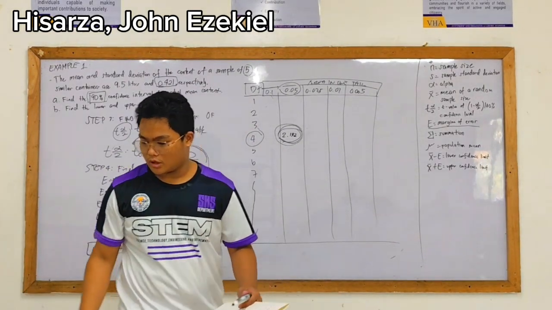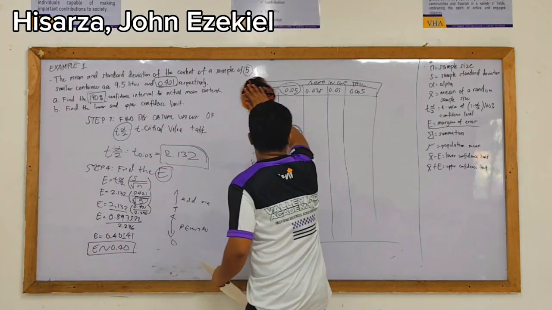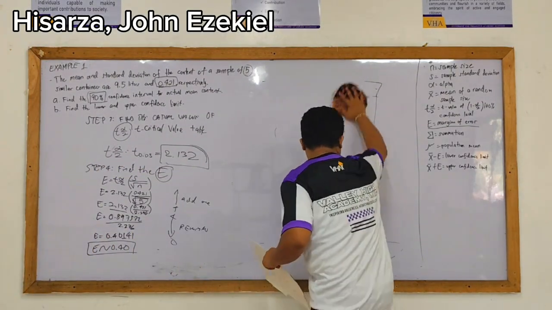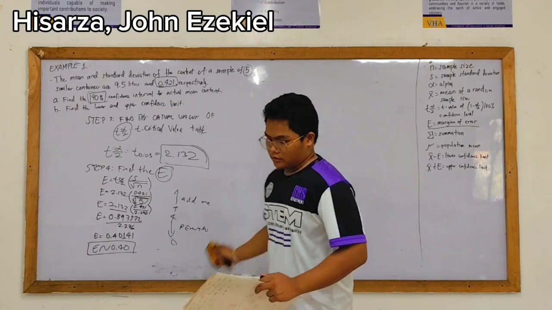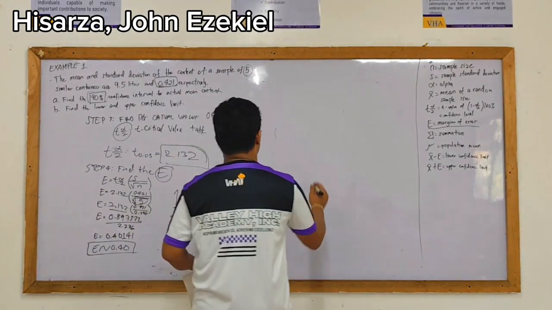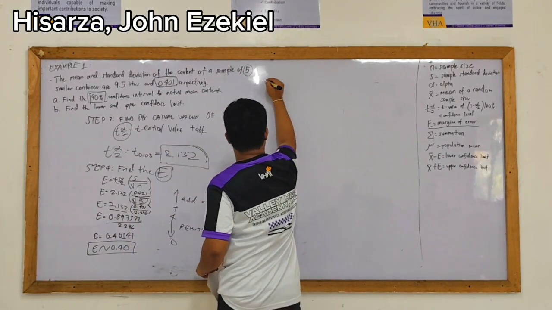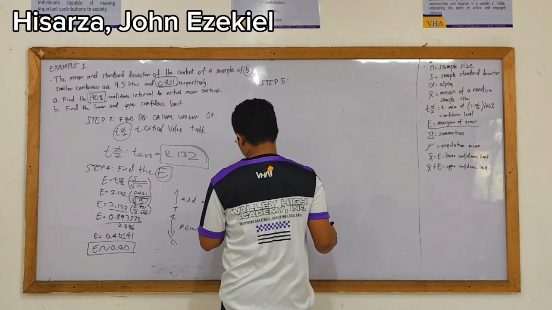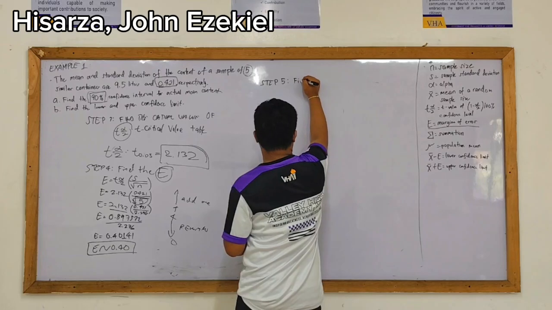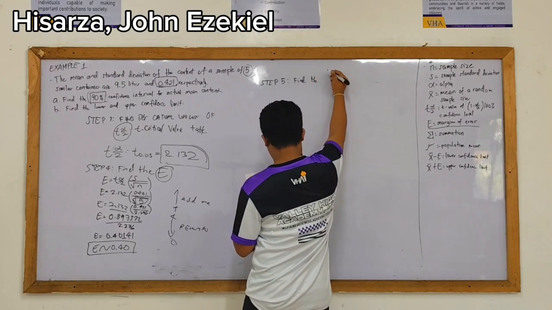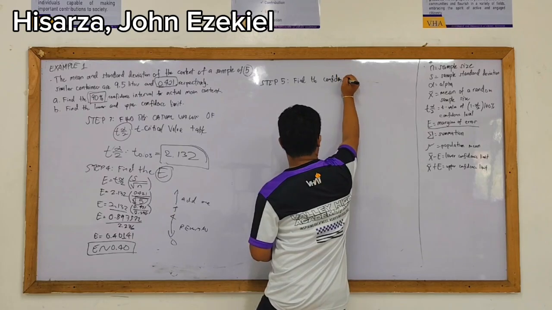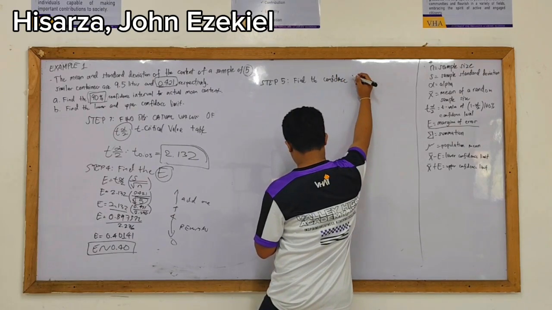We're first going to arrange this table. For our step 5, we're going to find the confidence interval.